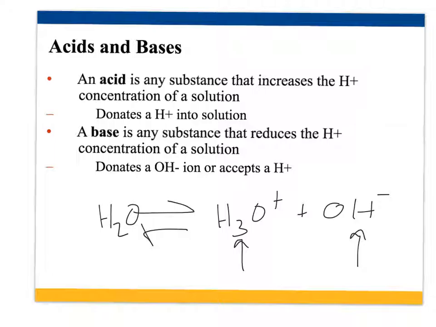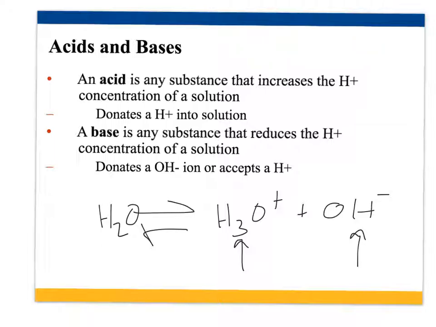Okay? So this right here, H3O+, can be considered as a proton. But what you end up with in this dynamic equilibrium is that as they move back and forth, H3O+ and OH-, is one more than the other?